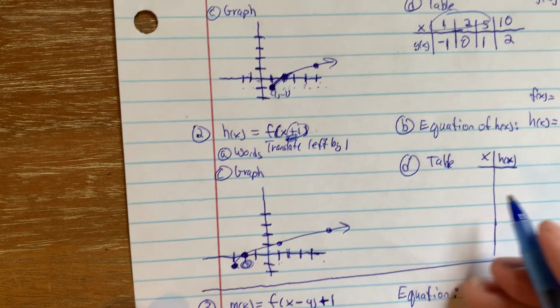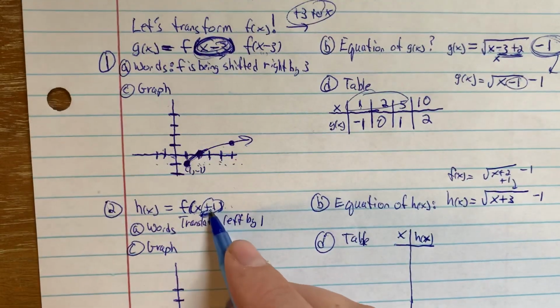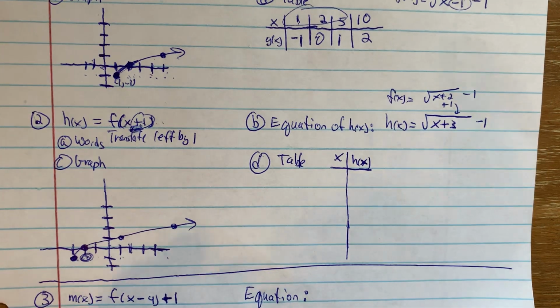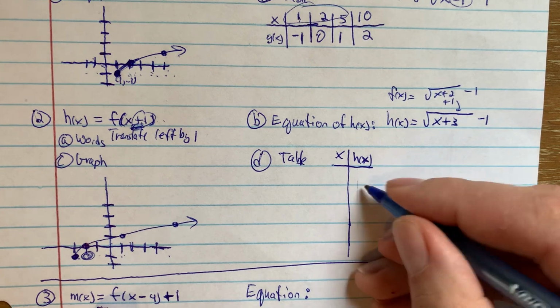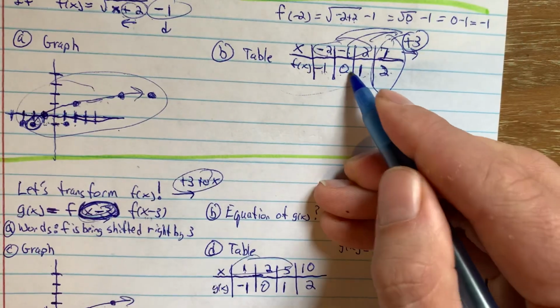How about the table? If we have this original table, how is f of x plus 1 going to manifest itself here? Well, it's shifting left by 1, and so the y values are not changing. The y values are still going to be -1, 0, 1, and 2, just like they were up here.